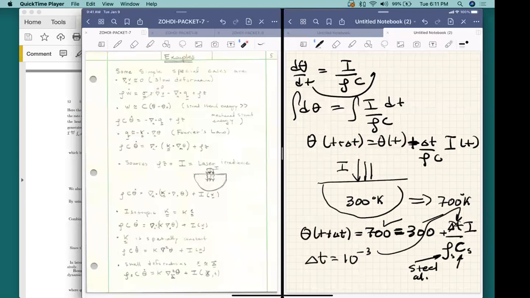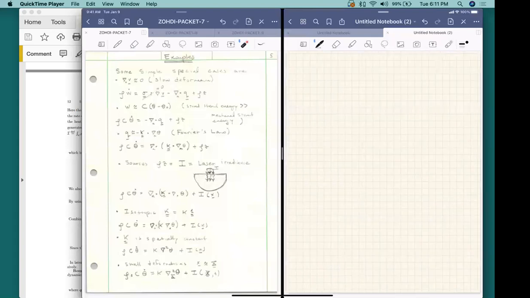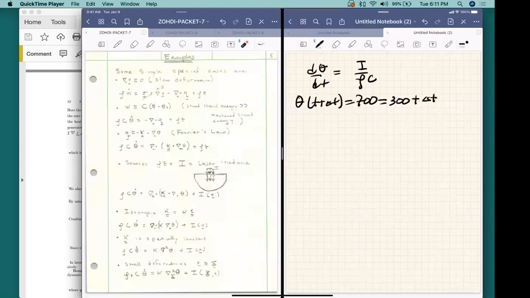So all we're left with is, if we have d theta dt equal to I over rho c, and we have that equation, theta of t plus delta t is equal to 700, which is equal to 300 plus delta t, which I'm now going to say is 10 to the minus 3, times I over rho of steel. Steel is around 7,000 kilograms per meter cubed, and I forget the heat capacity.